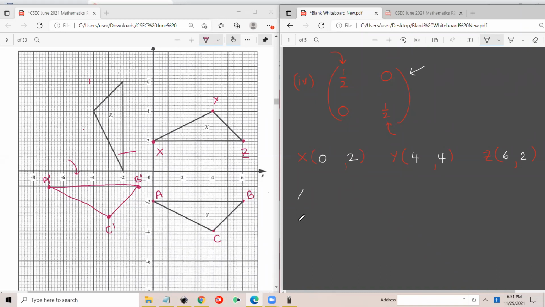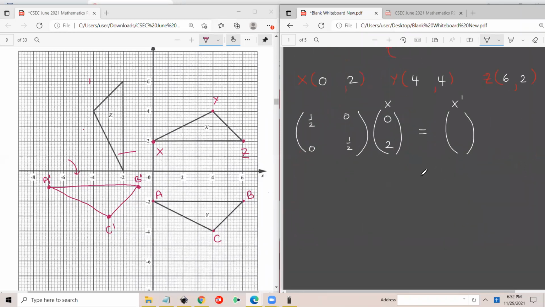We're going to take this matrix, which is 1/2, 0, 0, 1/2, and multiply by point X. But when we multiply it by point X, you have to write it vertically, right? That is refreshing your memory here. When you take this matrix and multiply by X, we will get the new X dash point.